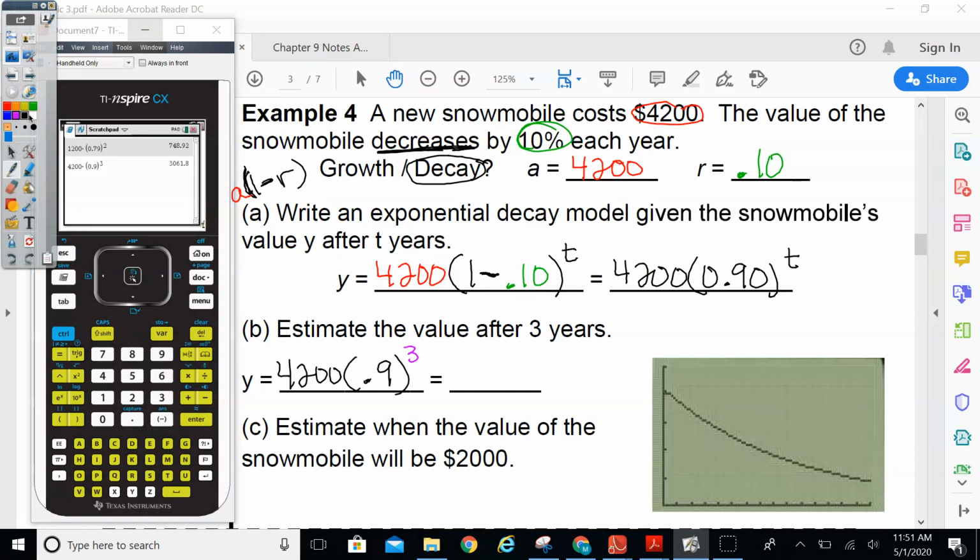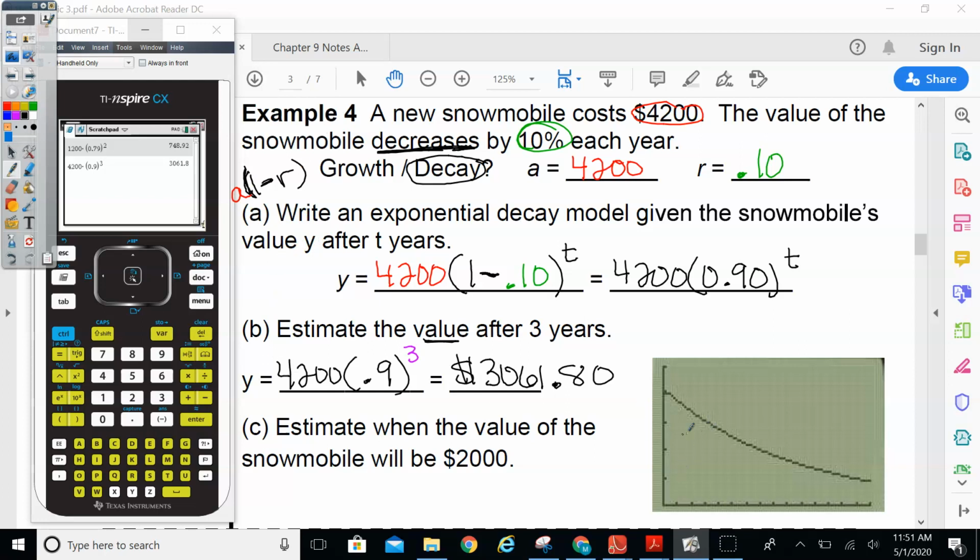And again, we're dealing with money because this is the value. So money would be $3,061.80. 8 rounds, 8, we would just put 80 for the cents.